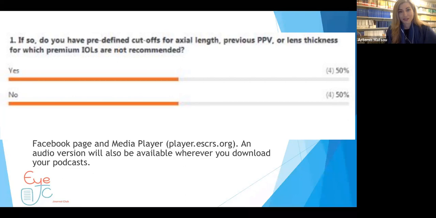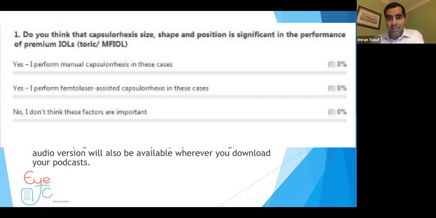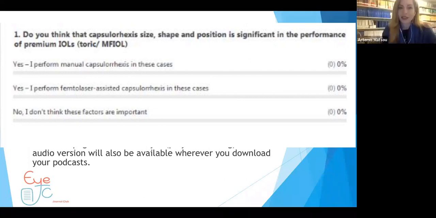So, do you think that capsulorhexis size, shape, and position is significant in the performance of premium IOLs? 1, yes, I perform manual capsulorhexis in these cases. 2, yes, I perform femtolaser-assisted capsulorhexis in these cases.